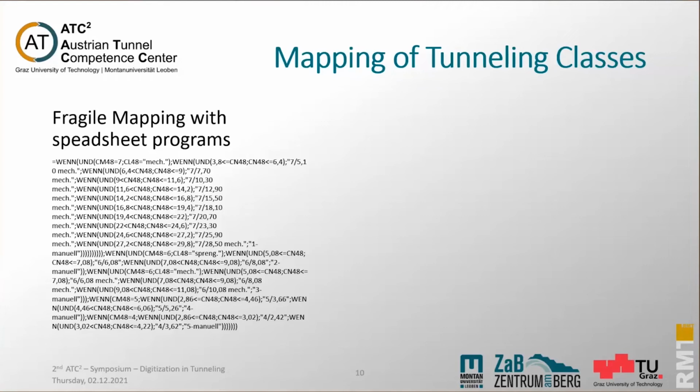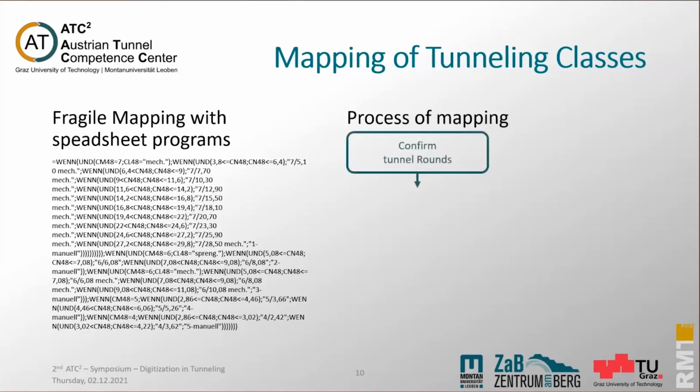So these functions and this mapping is very, very fragile when it comes to changes on our construction sites. Think of, for example, when new tunneling classes are introduced during the construction. So a big advantage is the logic we stored in the instances of the classes in our system.